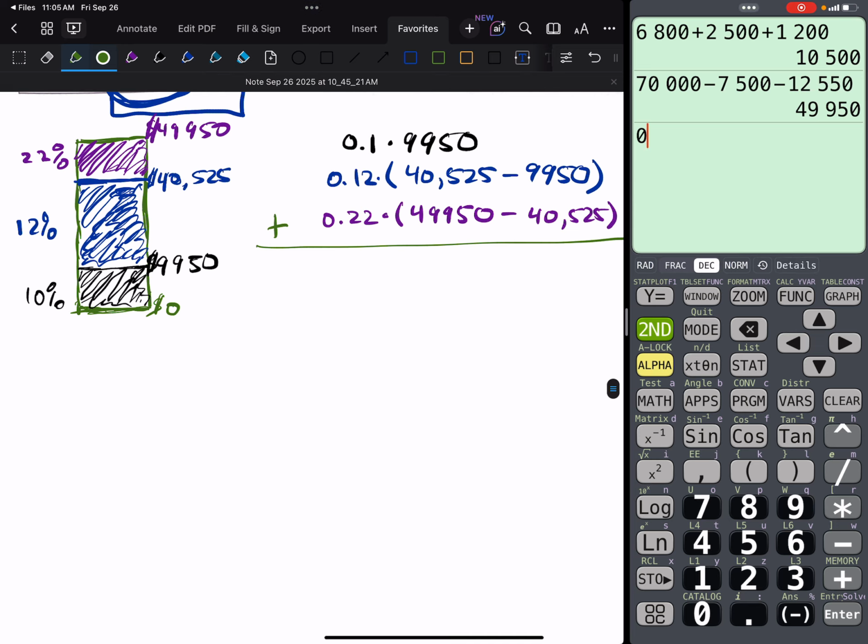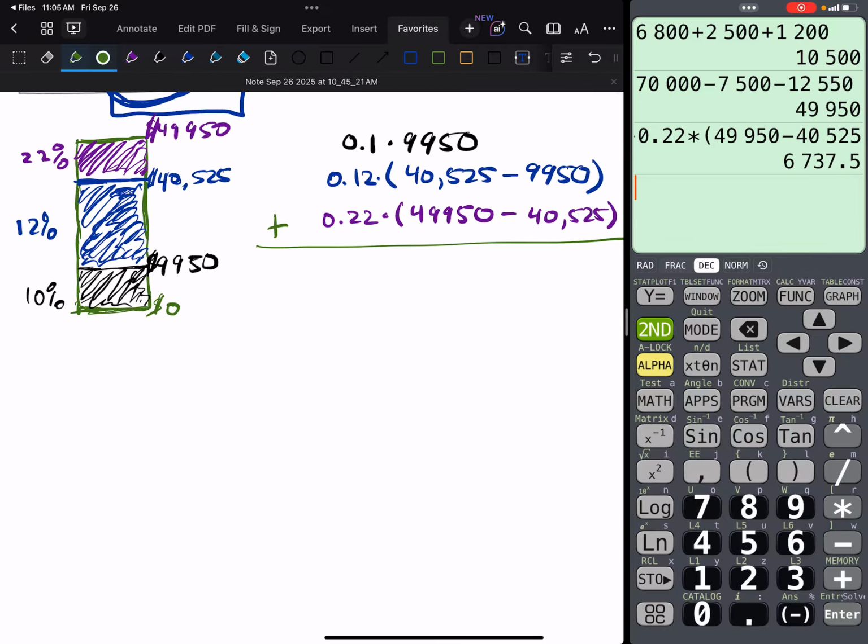I'll have 0.1 times $99.50 plus 0.12 times 4525 minus 9950 plus 0.22 times, open parentheses is very important there, otherwise it only multiplies by the first value, 49,950 minus my 4525.